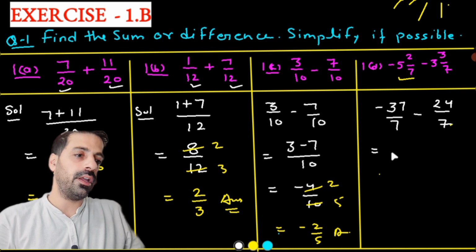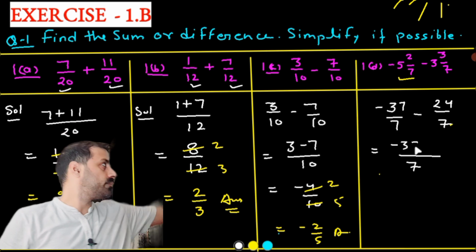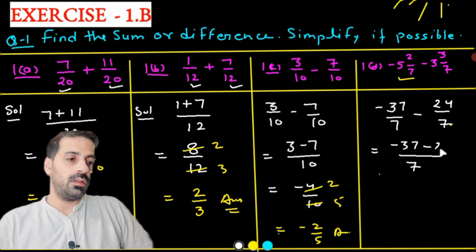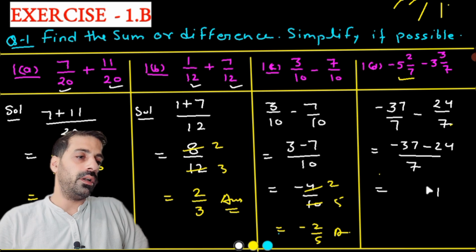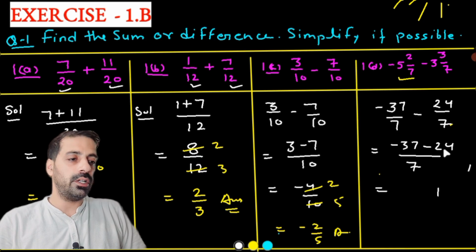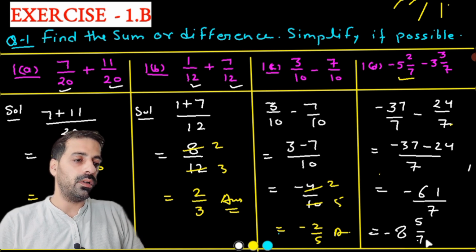So the denominators are the same, so the LCM is 7. Negative 37, negative 24. Now add them. 7 and 4 is 11, 1 is carried forward, 2 and 5 is 6, so 61 upon 7. This may be the answer, or 8 times 5 is remaining and 7. This is the answer of this question.